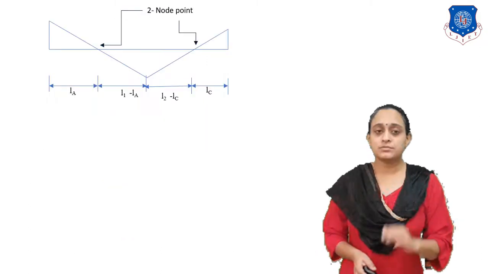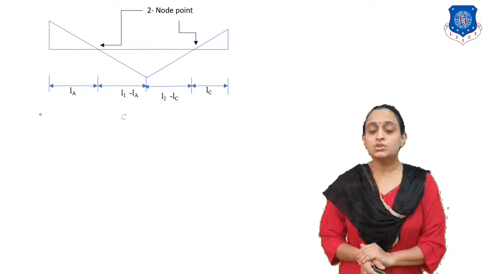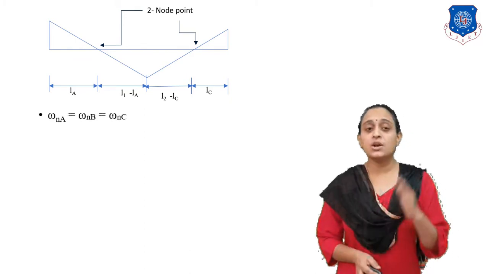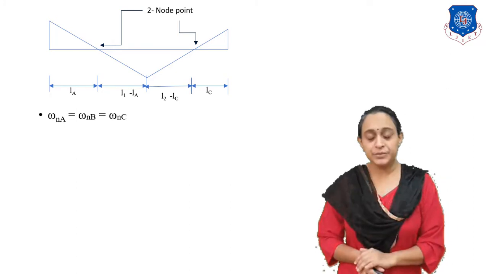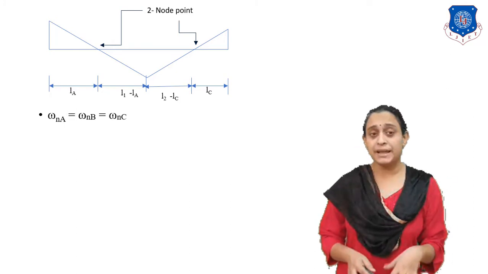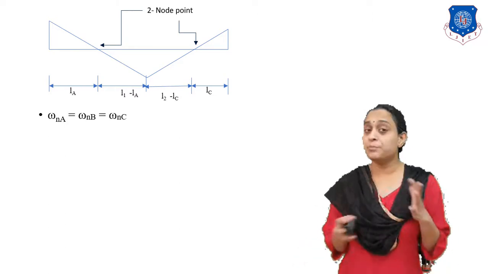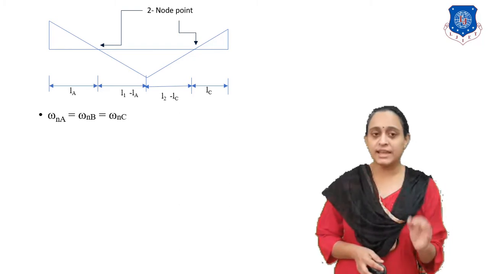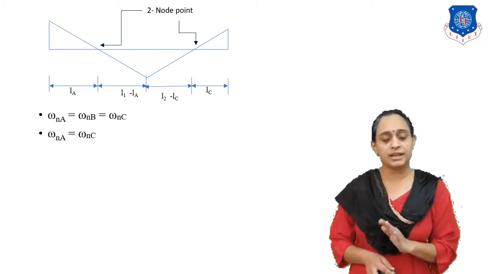Now let us solve this two node position. For this case we have to compare all three frequencies, meaning omega NA is equal to omega NB is equal to omega NC. But we cannot simply compare all three at once, hence we have to compare in parts. First we compare omega NA with omega NC.